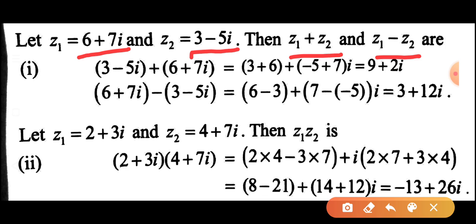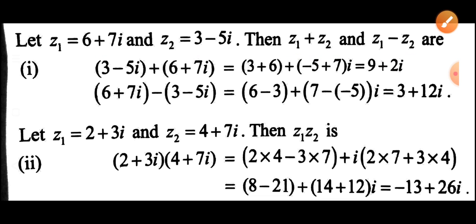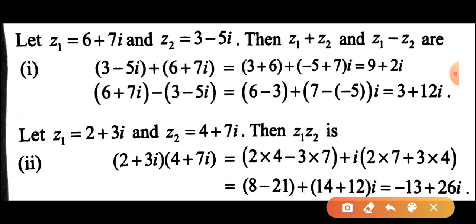First, 3 minus 5i plus 6 plus 7i. This is equal to 3 plus 6. First we add z1 plus z2, that is the real parts. Real parts are added, 3 plus 6. Next we take i as the common factor, then minus 5 is the coefficient of i.